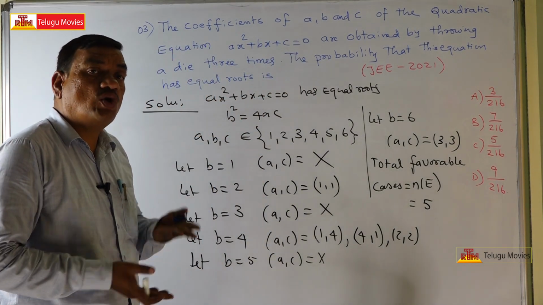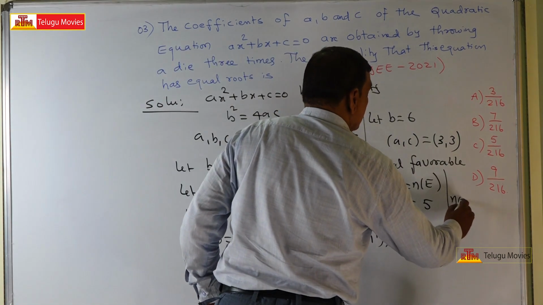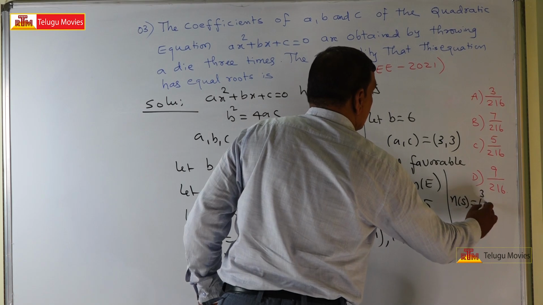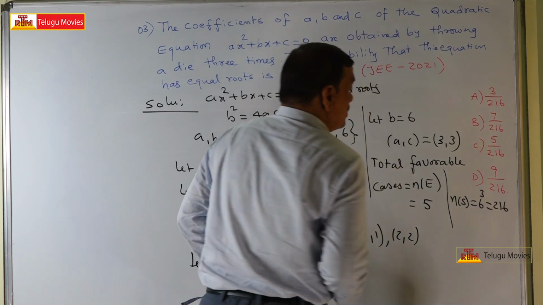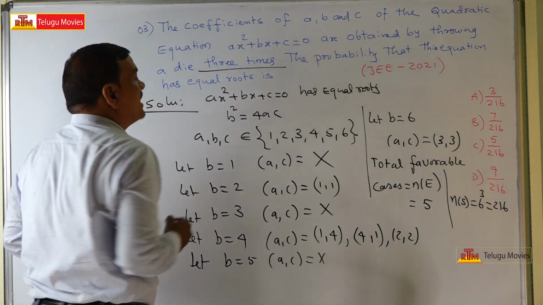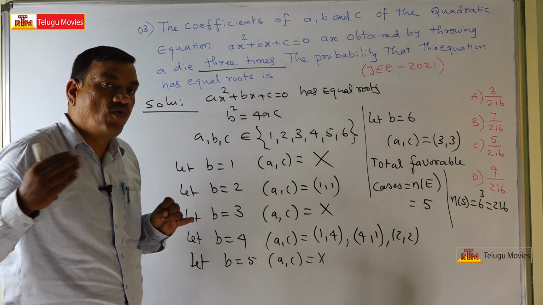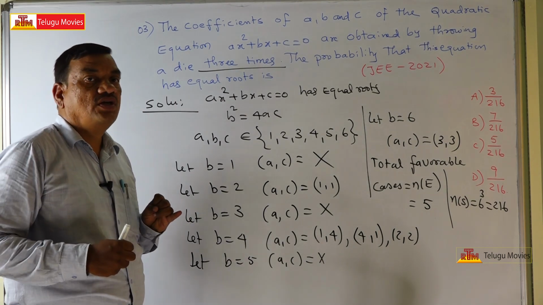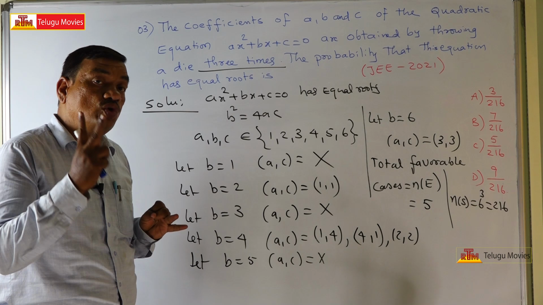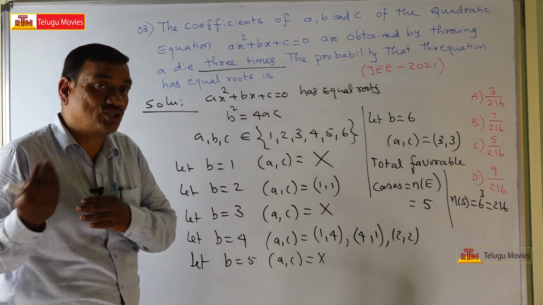Okay, now what is meant by total number of outcomes? That is n of S is equal to how much? That is equal to 6 cube, 216. Why? Because the die is thrown how many times? 3 times. If it is thrown 1 time, total number of outcomes are 6 power 1. If the die is thrown 2 times, the total number of outcomes is 6 square.